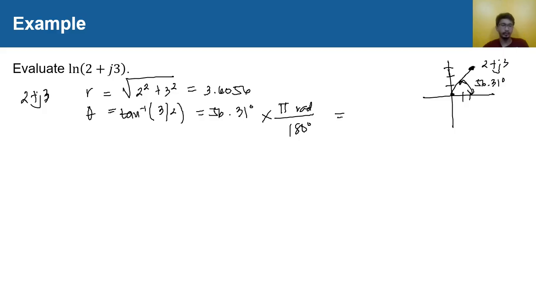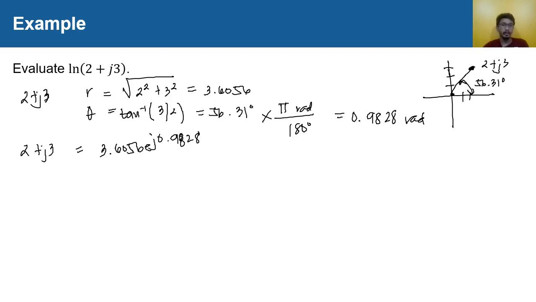So this is now equal to 0.9828 radians. So now we have 2 plus j3 is equal to 3.6056 e raised to j 0.9828.